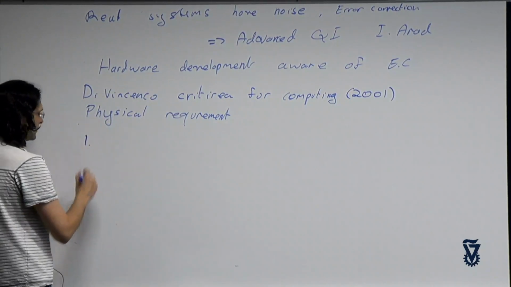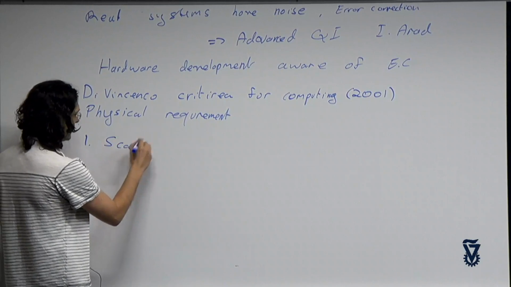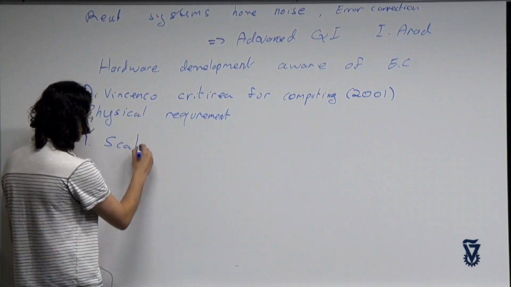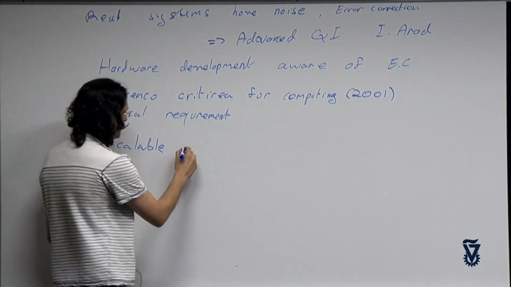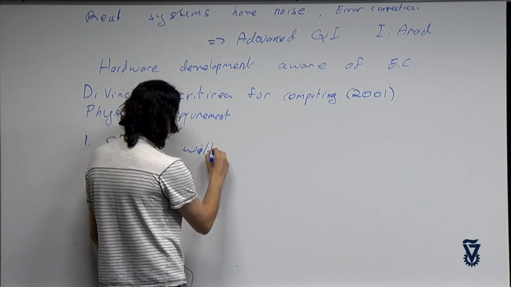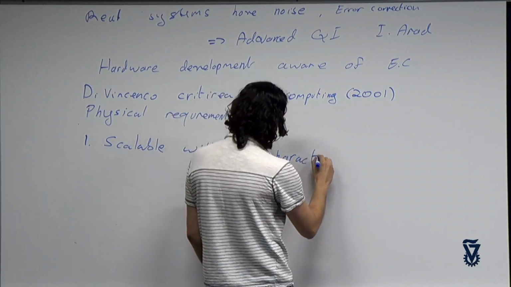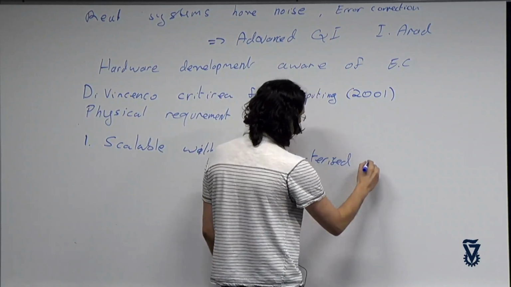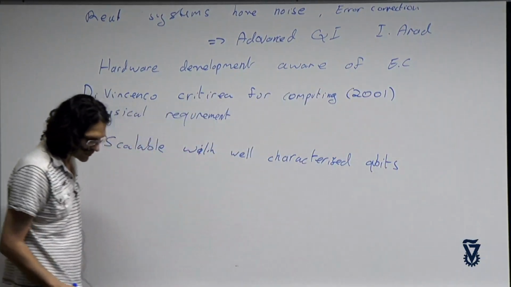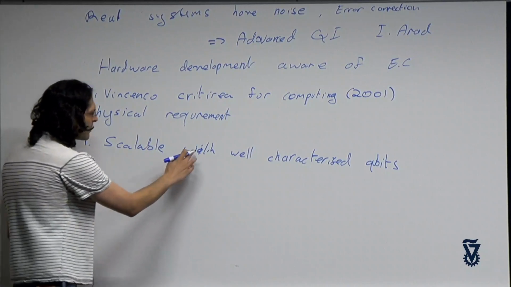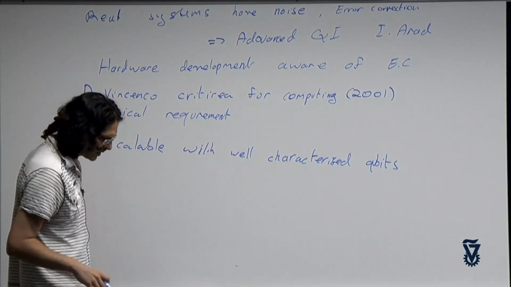Okay. So under consideration of noise, that we're talking about real systems, what are the physical requirements of a system? And the first thing on this list is scalability. We already had that on a different list. Okay. So we want this system to be scalable with well characterized qubits. Now remember, your physical system doesn't actually have to be a qubit. It can be a few level system, but at the end, something you pick out to be a qubit.